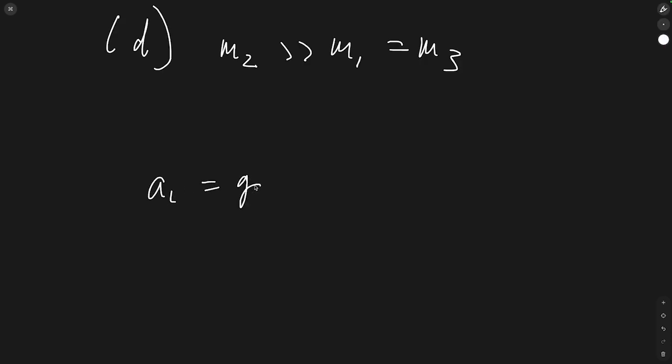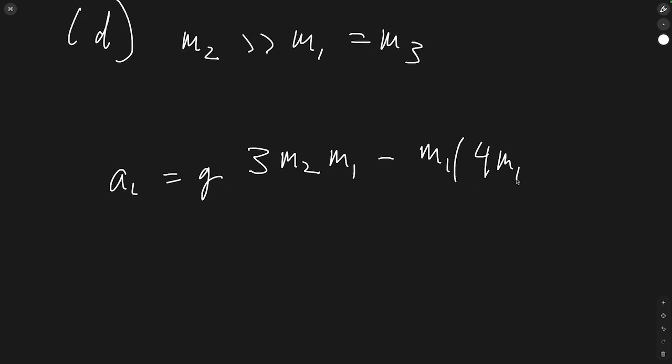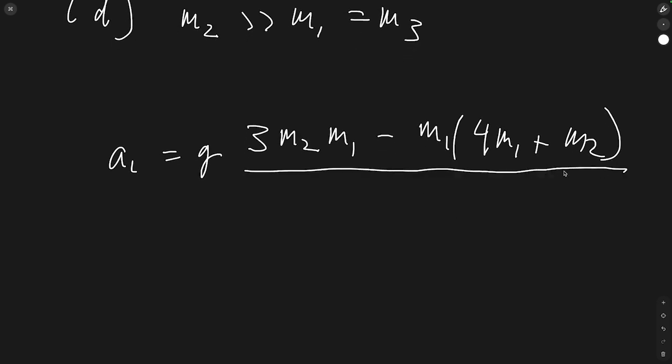A1 is G, and then 3, and then I'll keep M2, right? And then for M3, I'll just write M1, let's say, minus M1 times 4M1 plus M2 over M2 times M1 plus M1 times 4M1 plus M2.